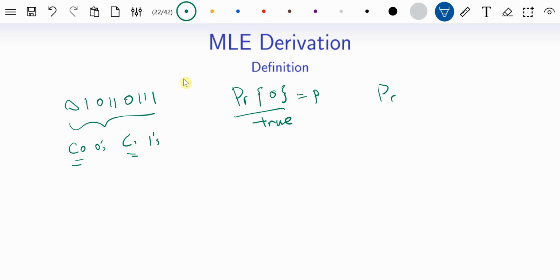What we want to find is, based on our sample, our training data, an estimate of this probability. The way to do it is, suppose the actual probability is p. What we want is to maximize the probability of actually seeing this sample.